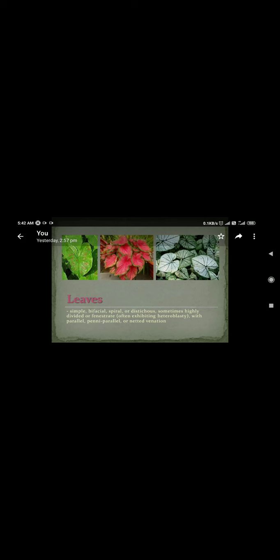Since they are dicot, they should have such type of venation. By seeing images, you can understand these plants are ornamental and you might have seen them somewhere around you.